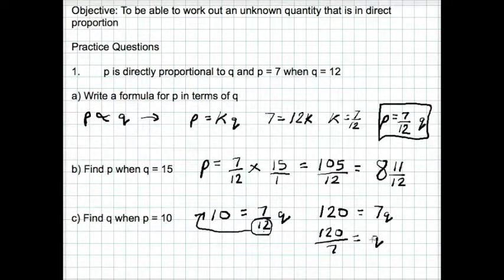I could turn this into a mixed number. I know that 17 sevens give me 119. So my answer now becomes Q equals 17, but I've got 1 left over, so 17 and 1/7.